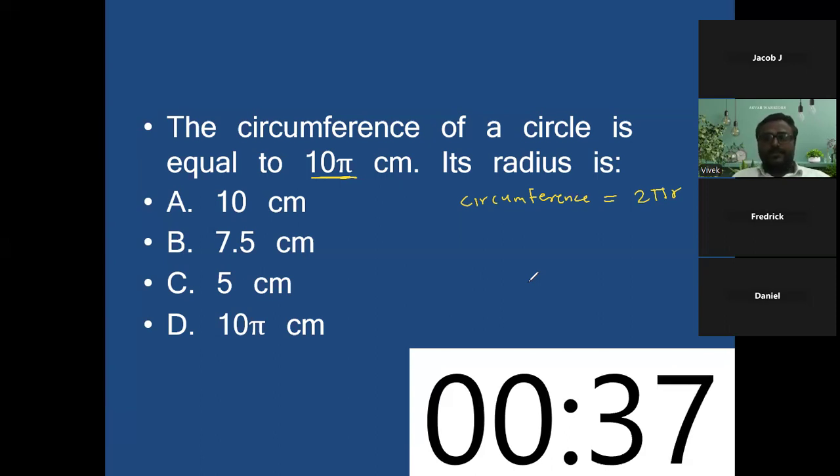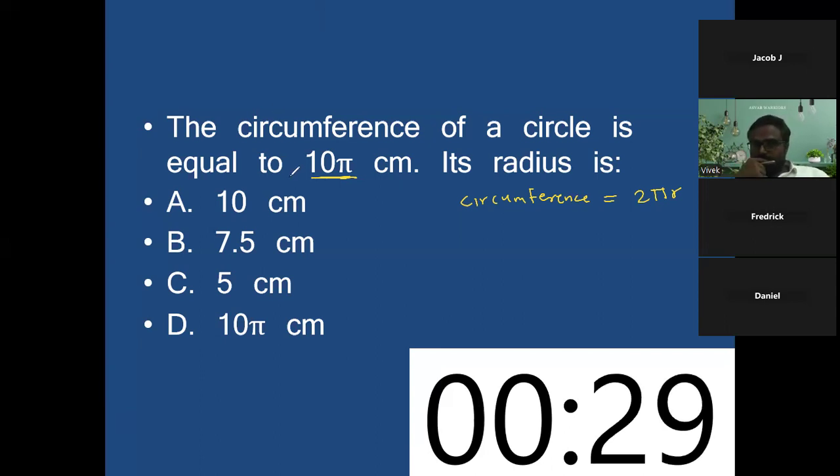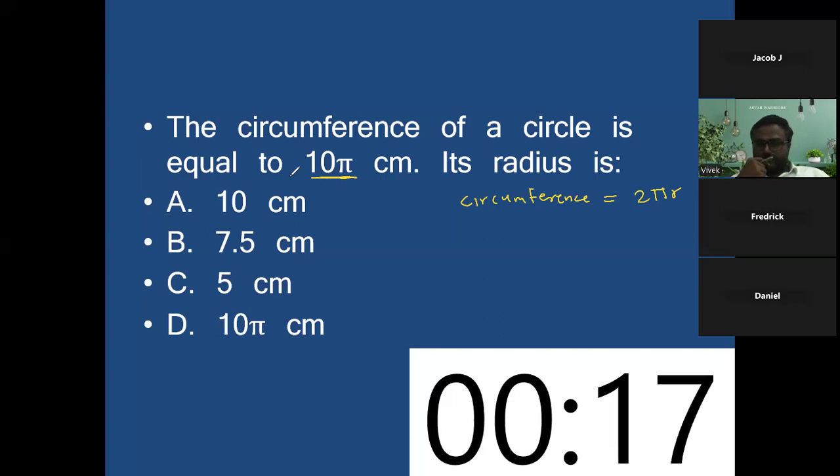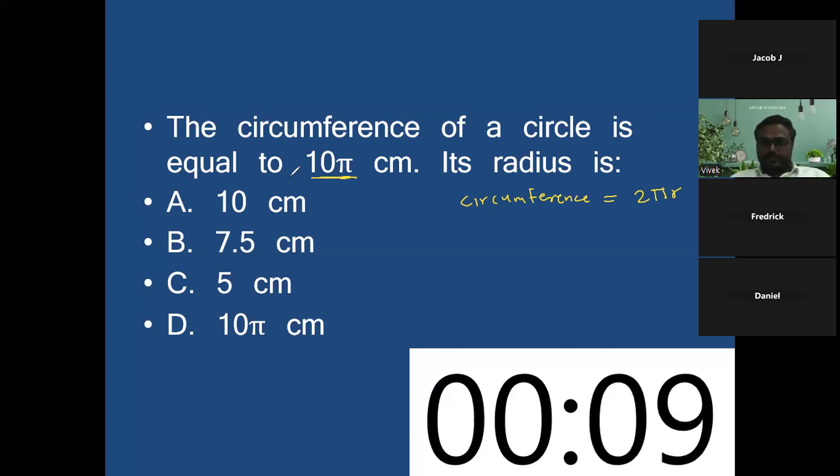Anyone got the answer? I have an answer.